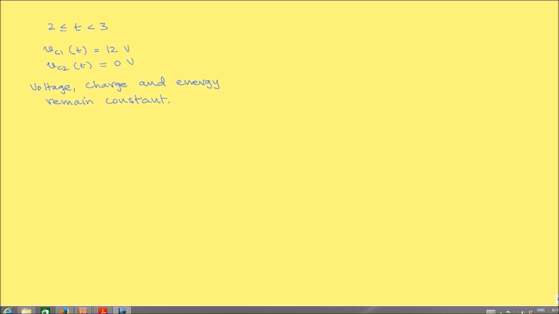Consider what happens during the time interval from 3 to 4 seconds. During this time interval, the two capacitors are connected to each other and the circuit looks like the following. The voltage source is disconnected from the two capacitors.